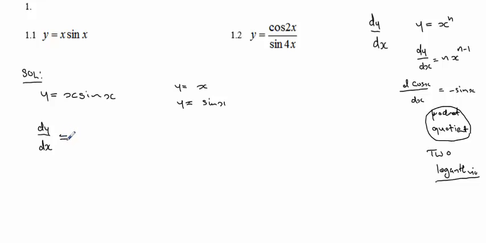Showing our working, we would write the derivative with respect to x of the first function, which is x, multiplied by sine x, plus x multiplied by the derivative d/dx of sine x with respect to x. By writing that, I'm mimicking our product rule.